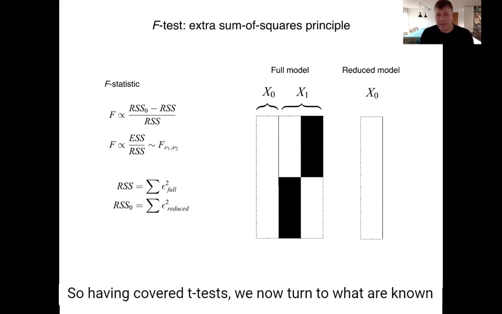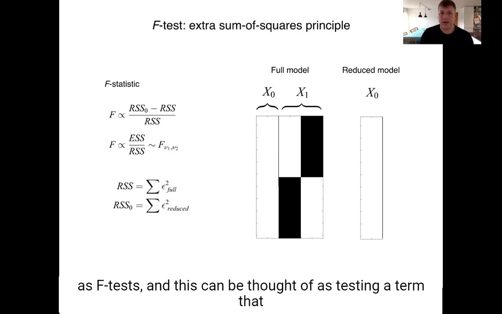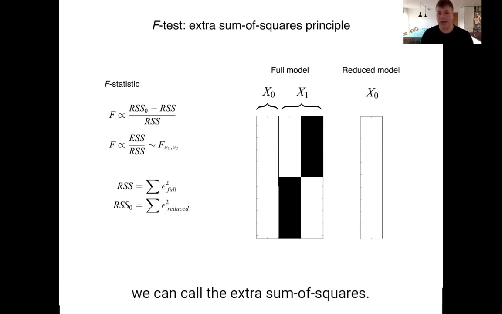Right, so having covered t-tests, we now turn to what are known as f-tests, and these can be thought of as testing a term that we can call extra sum of squares.